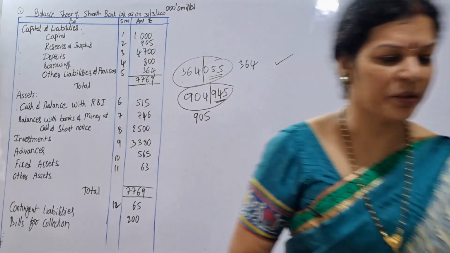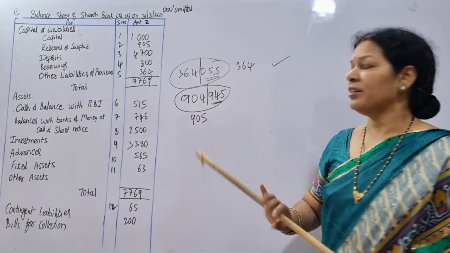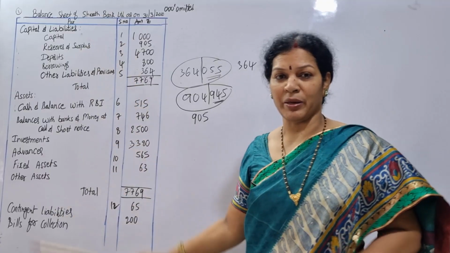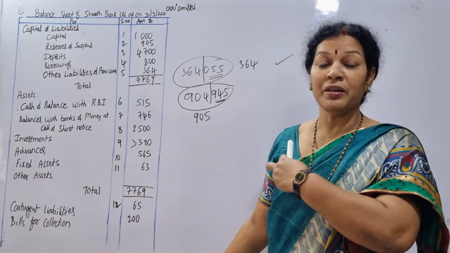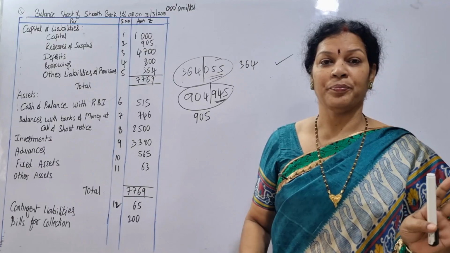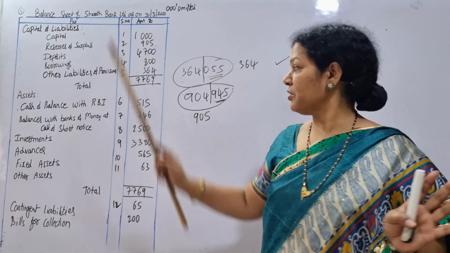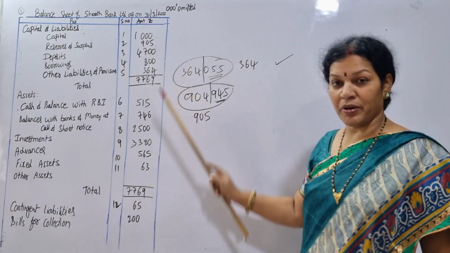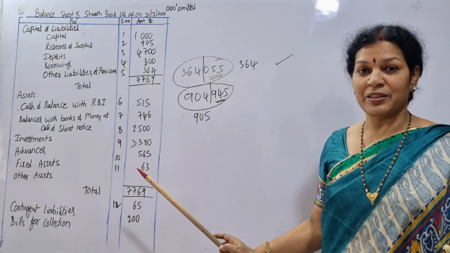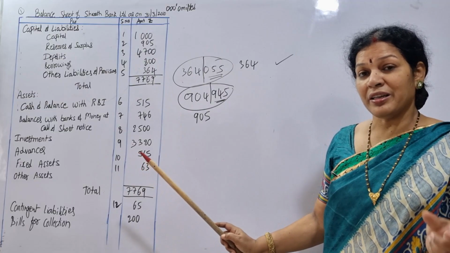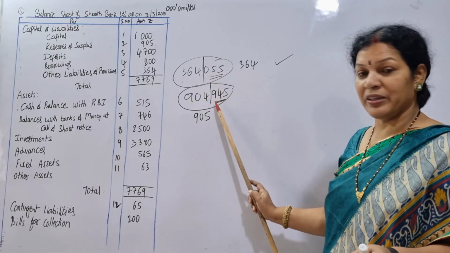Clear? Simple problem. Let me explain it once again. Only the thing is you have to remember the format, and post carefully. According to which schedule it comes under, you have to post it simply like this. Important point, you have to remember: triple zeros omitted. These are in some numbers like 055 or 945.